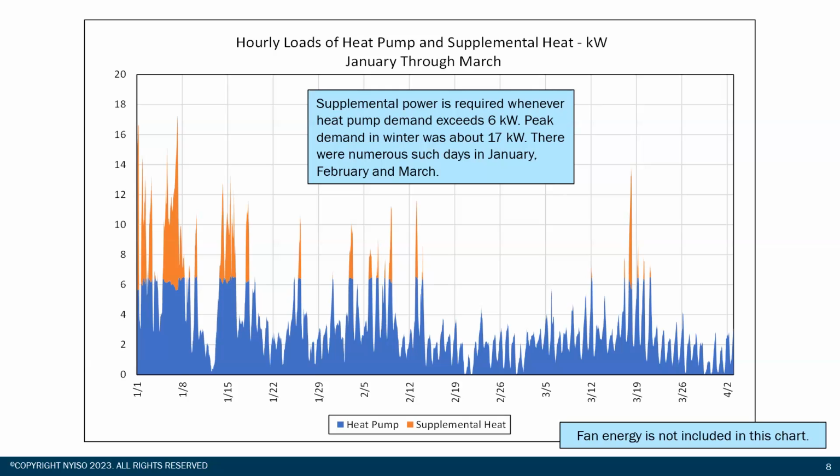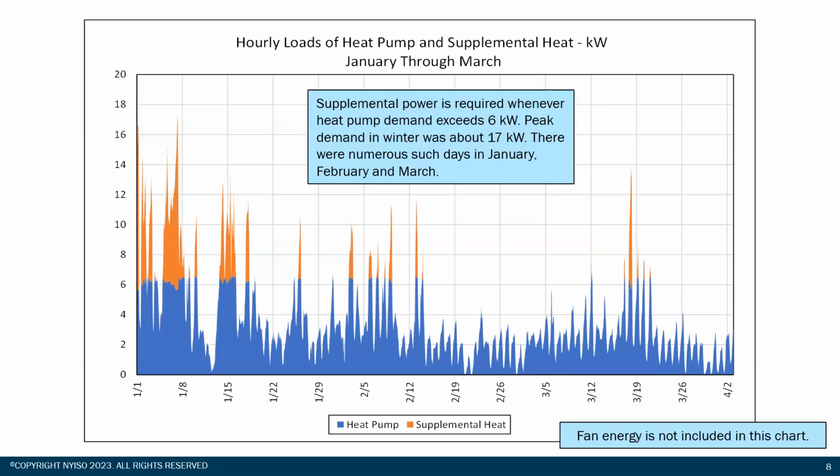But this particular home, a 2,000 square foot home, actually got up to between 16 and 18 kilowatts. And this orange shows you hour by hour during the first 5 months of the year, hey, you need more than just a few hours in just a few days. So it is an operational challenge.